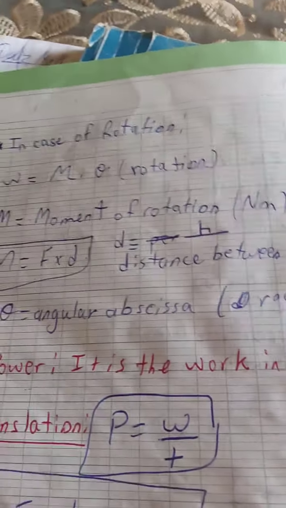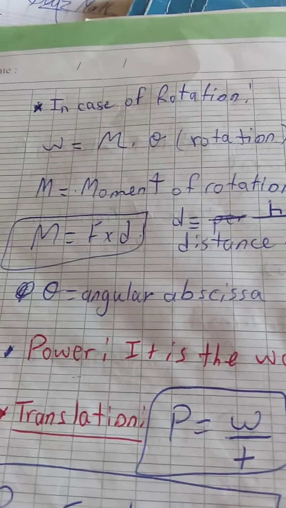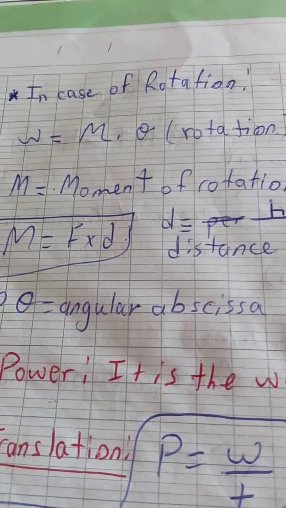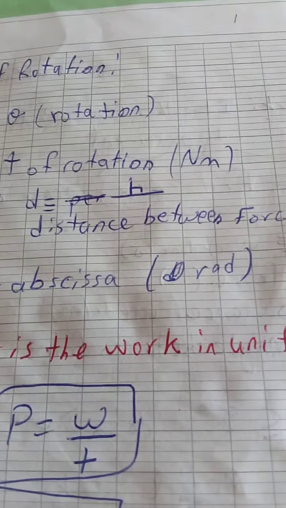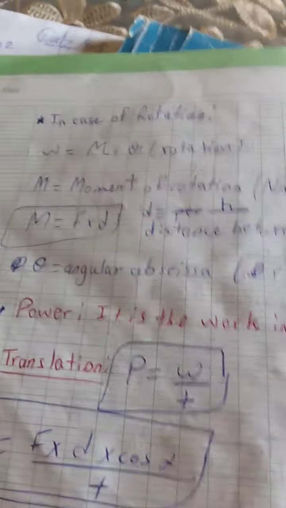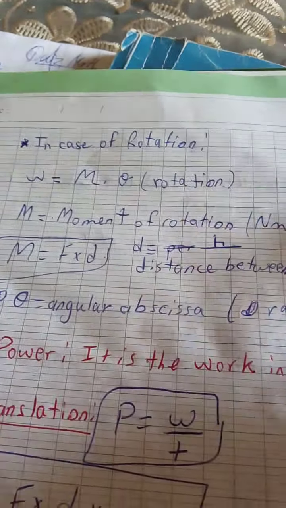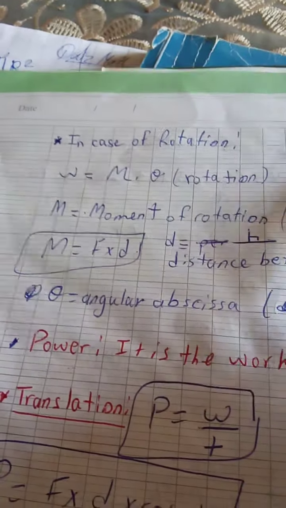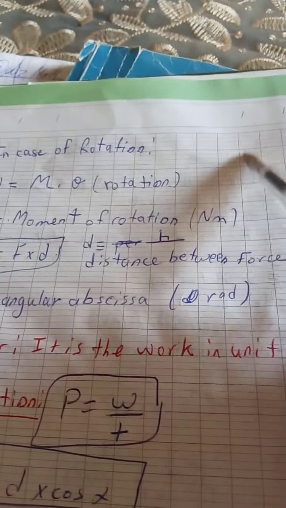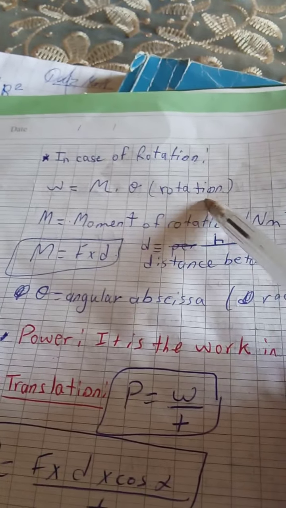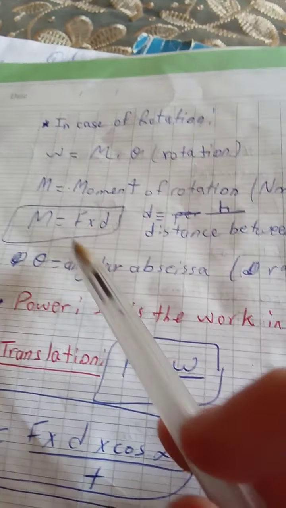In case of rotation, work equals moment times theta. Where is the rotation? When you draw a circle, theta plays a role in this figure, and we use it only in the rotation part.